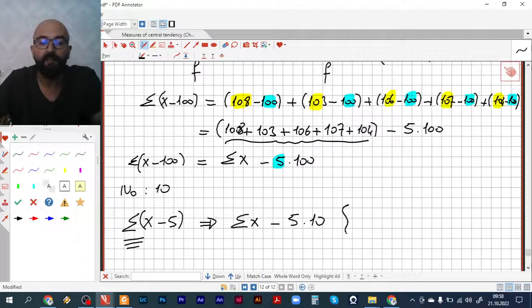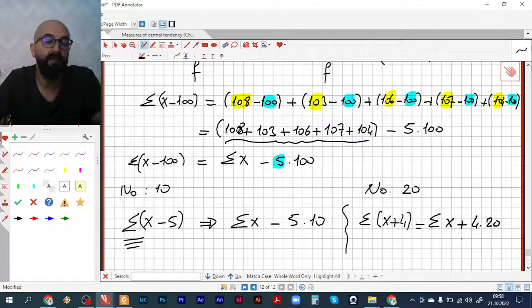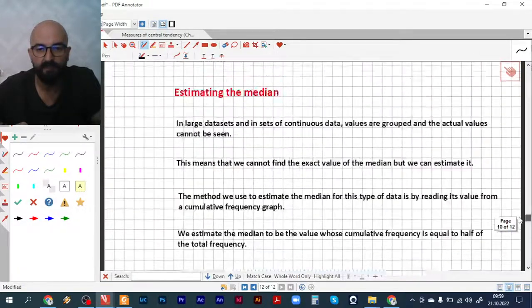Okay, and a different example, the number of data is, for example, 20, and you want to find the sum of x plus 4, so you can use the sum of x plus 4 times 20, because you have 20 data. Okay, and now I want to go on where we stopped.